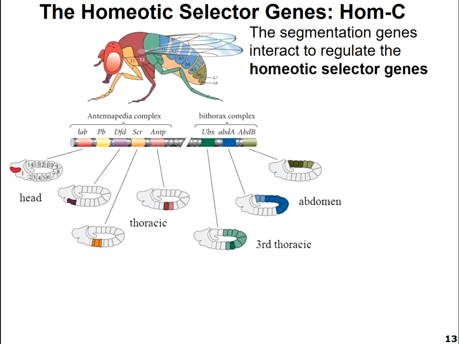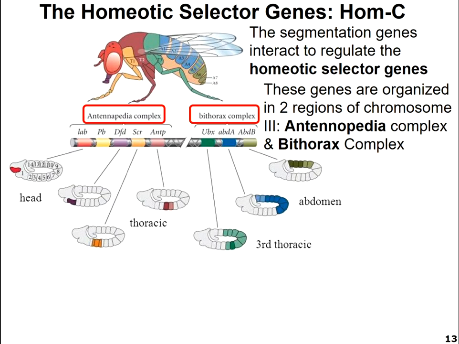Now, all the segmentation genes end up controlling the expression of the homeotic selector genes in flies. We already talked about the homeotic selector genes before. These are genes that are important because they determine the morphology of each segment in the developing insect, in this case the fly.